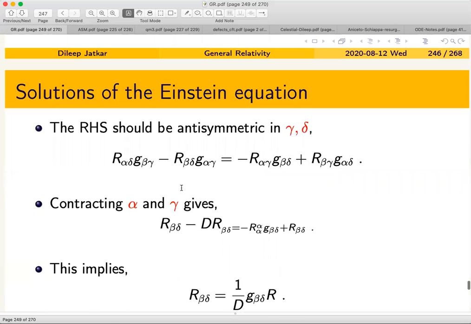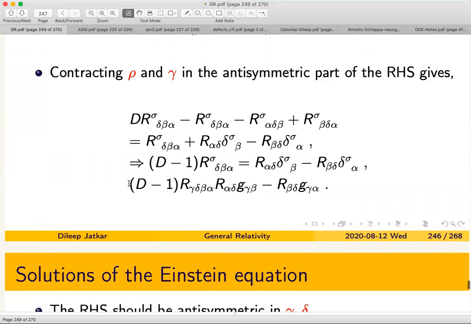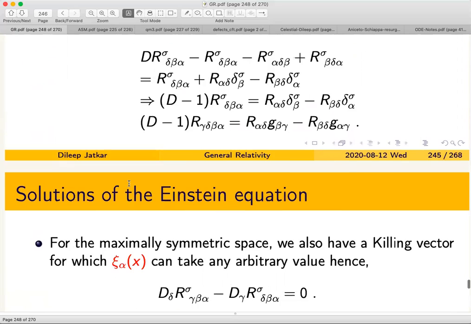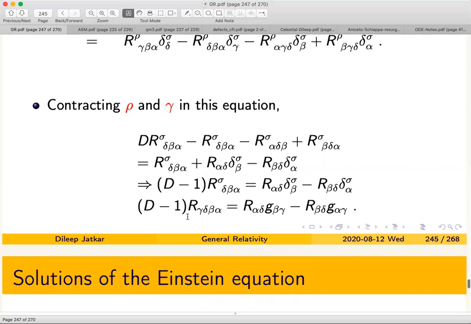Coming back to this, let me go back to this equation. Now remember, this equation is antisymmetric in gamma and delta because the Riemann tensor is antisymmetric in the first two indices and antisymmetric in the last two indices. So we can impose a condition of antisymmetry on the right hand side of the equation.